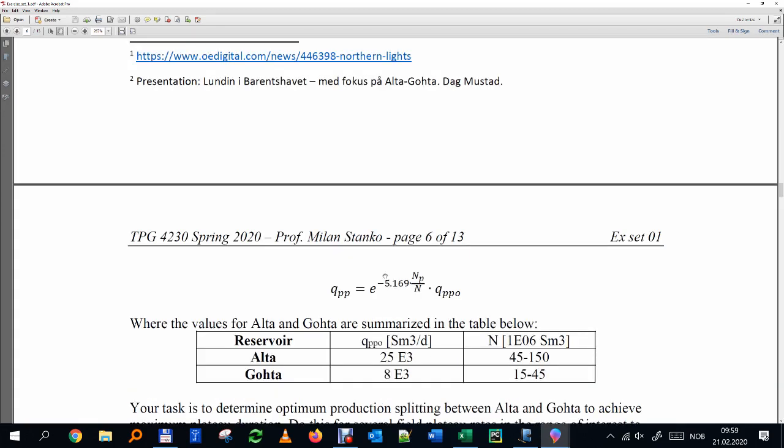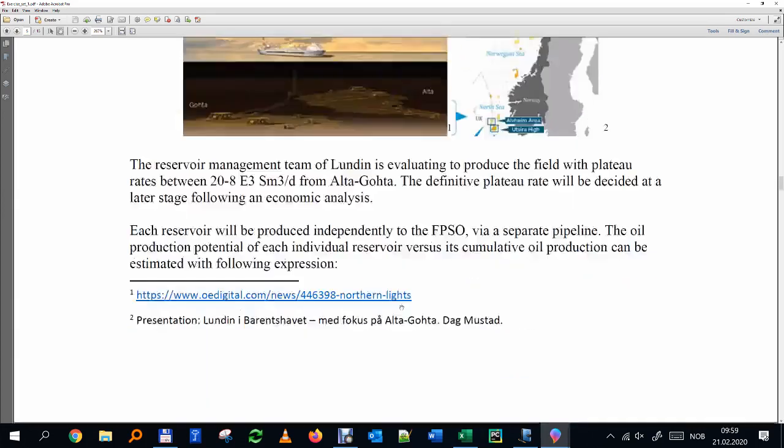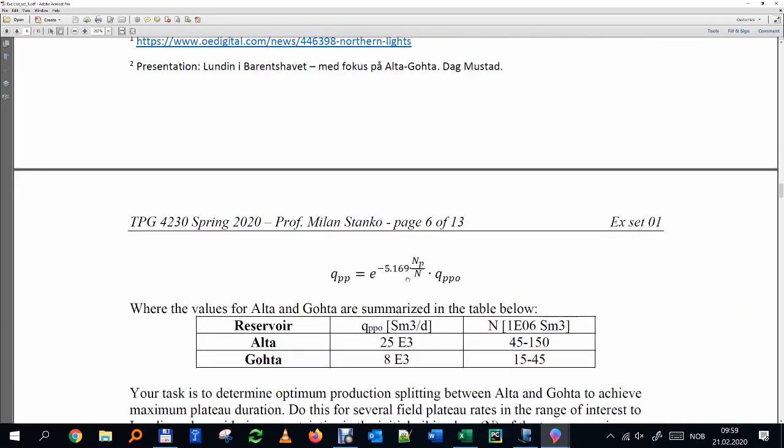Okay. And here, to make your life simple, we don't have equations because this is an oil reservoir. So we are simply using this potential concept that we discussed in class. Okay, that simply tells you the maximum rate that the field can produce depending on the cumulative production. Okay, and you know how to make calculations, how to calculate profiles with this approach.